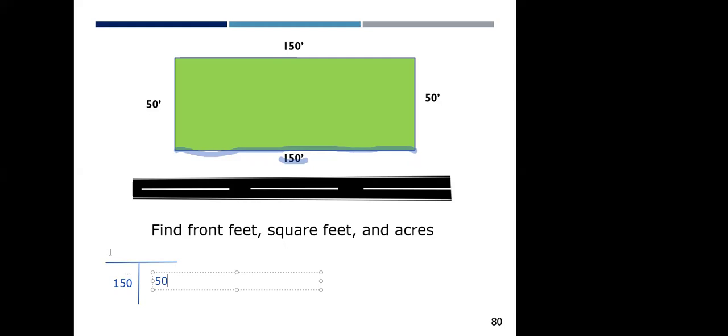And what we are solving for is our square feet, which knowing the T-bar tells us that's the number on top in this case. Up, down line, here's your formula. Up, down line means multiply. So 150 times 50 gives me 7,500 square feet.